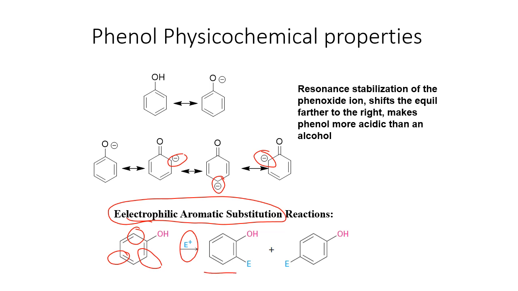So the product can be one of two: either this electrophile at the ortho position, or the electrophile will go at the para position. واضح؟ These are the electrophilic aromatic substitution reactions.